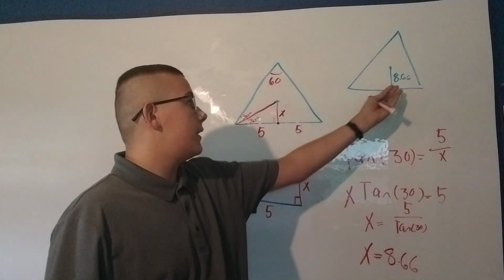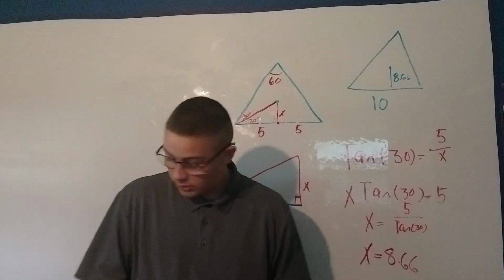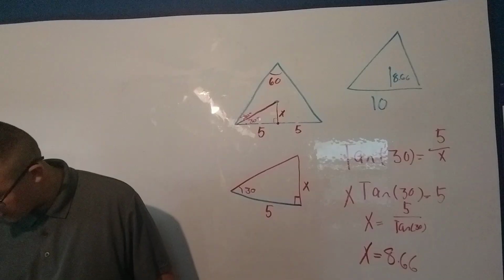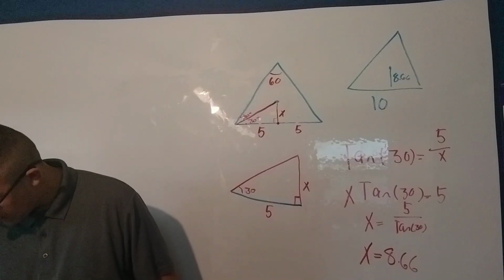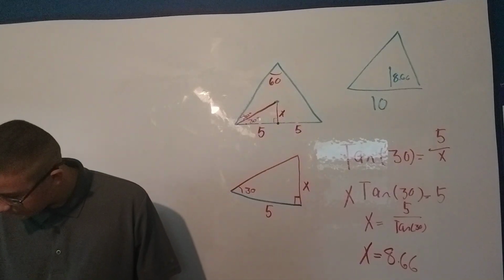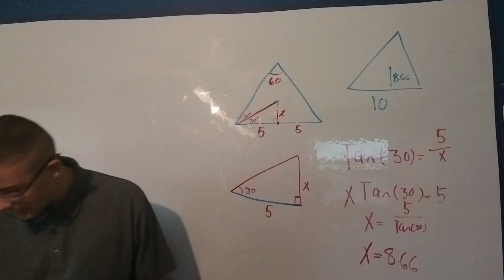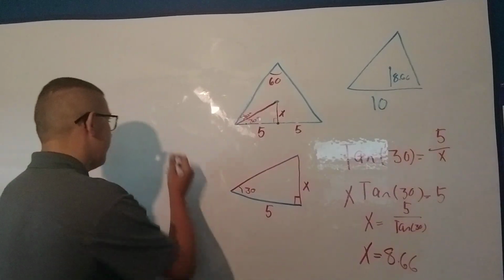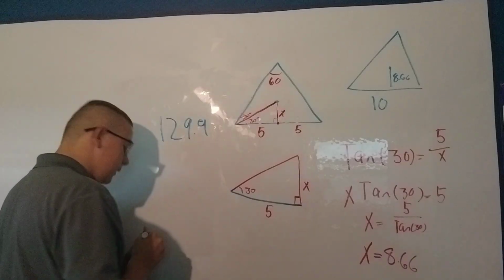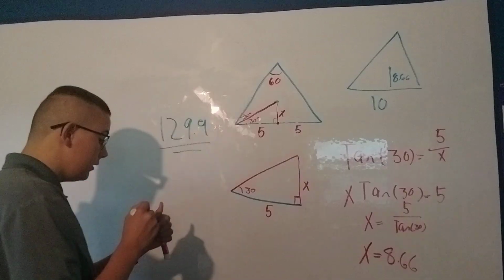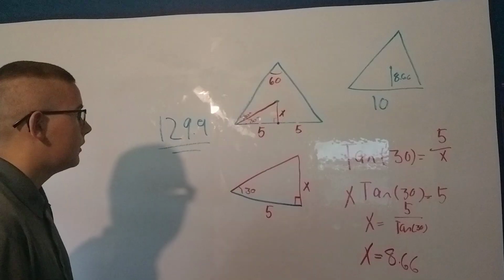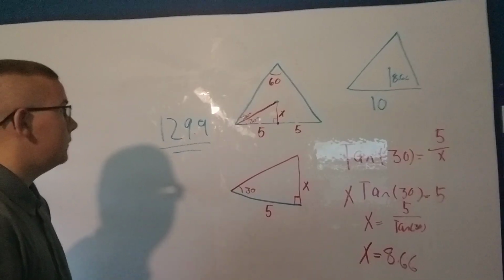So we do 30 times 8.66, which gives us 259.8, and then we divide that by 2, and you get 129.9 as the area. 129.9 is the area of the triangle, if I did that correctly. My note says something different, but I'm not sure.